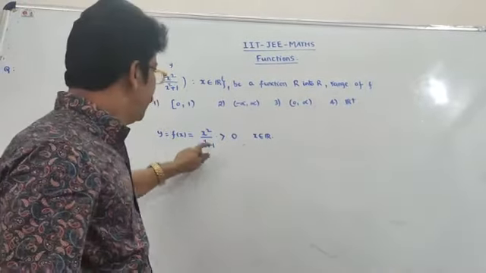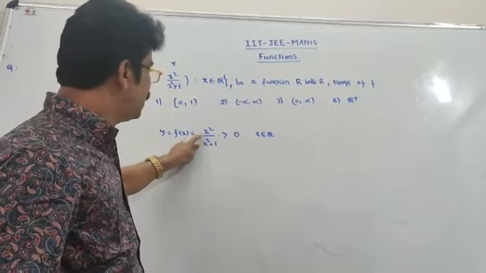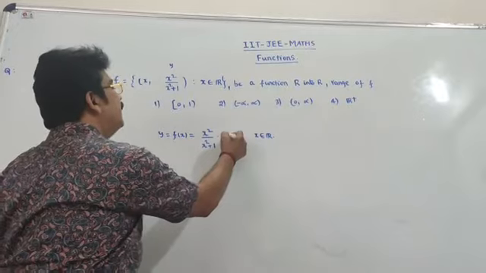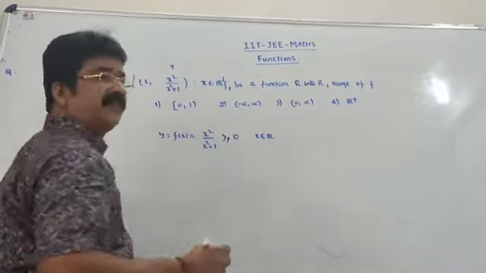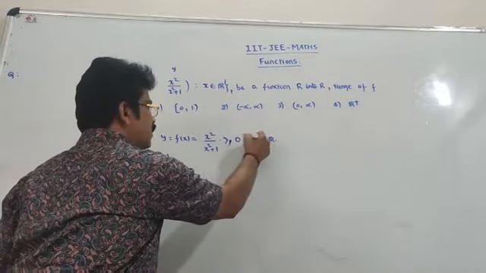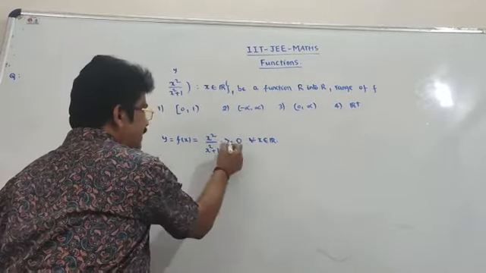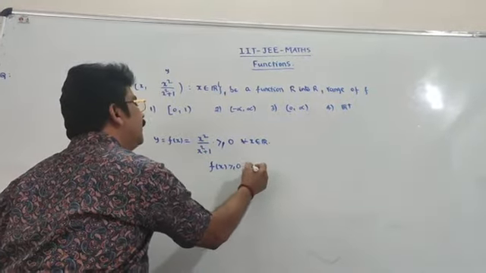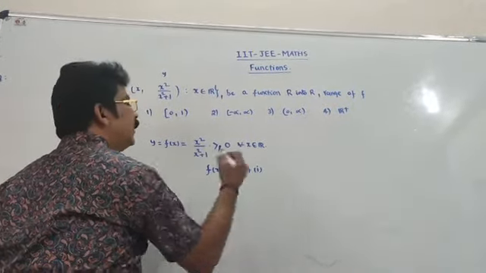So if x equal to 0, 0 square by 0 square plus 1 is 0. So there is the possibility to obtain f equal to 0. Therefore, for all x belongs to capital R, f of x is greater than or equal to 0. Let it be statement number 1.